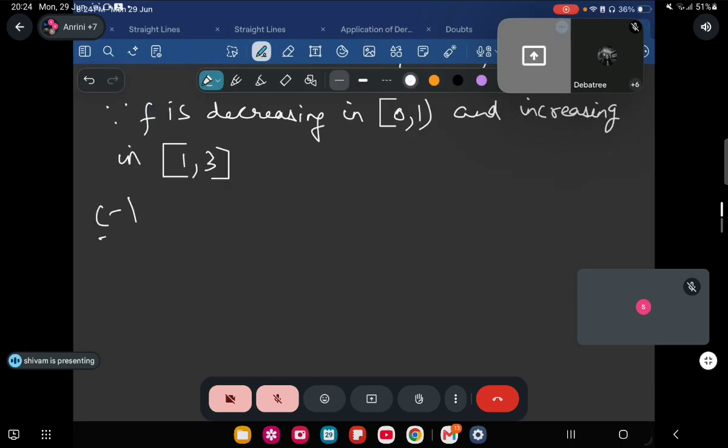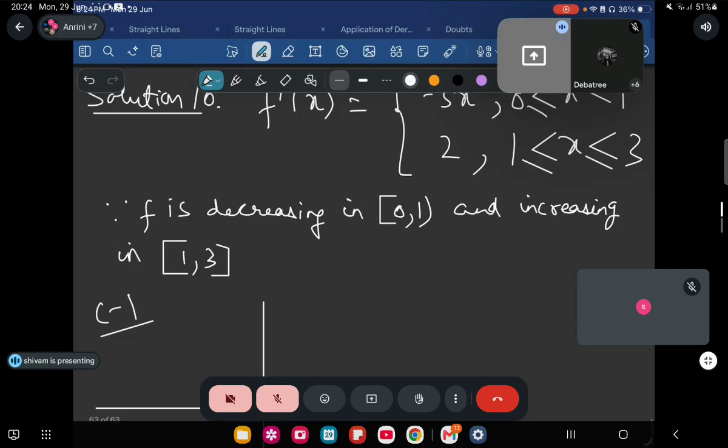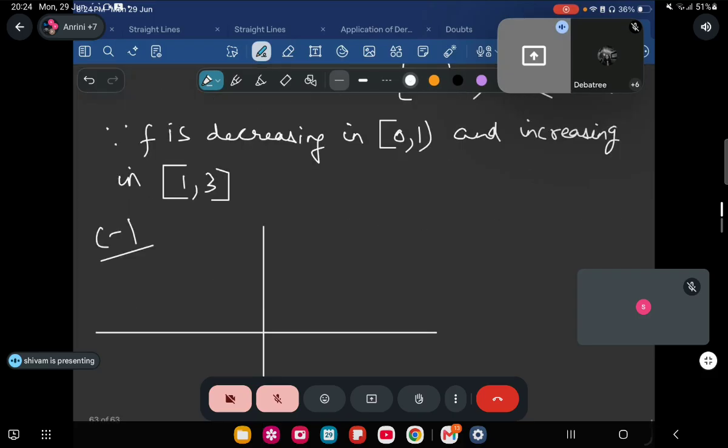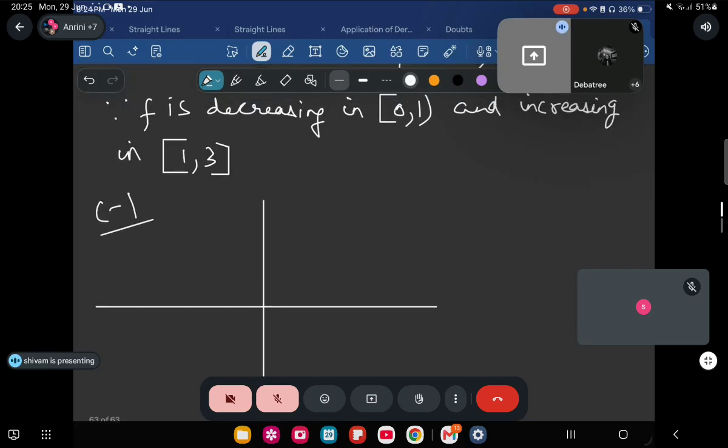So Sarthak, over here there can be three cases. Remember the initial part of the class, I gave one problem. If it is increasing in one part and decreasing in another, we cannot say that at 1 we'll get local minima or local maxima. Three things can happen.